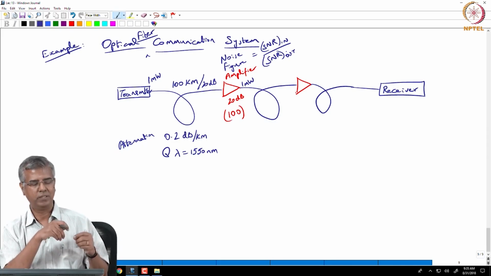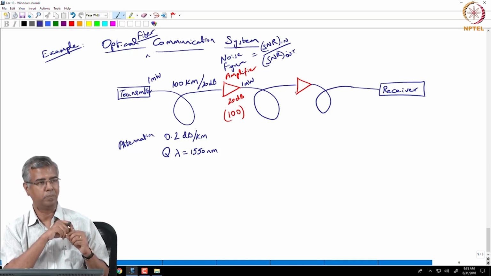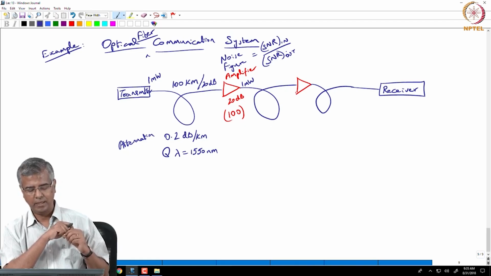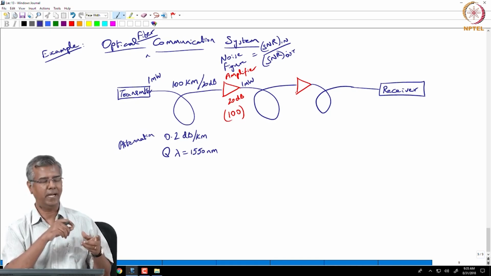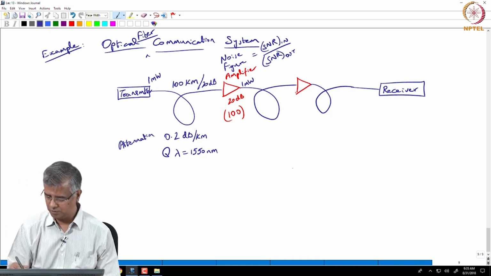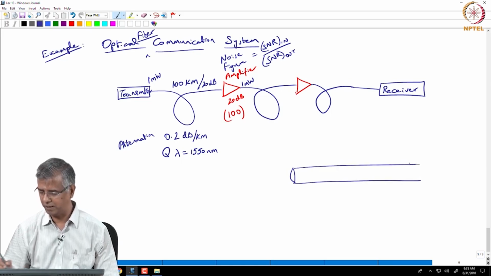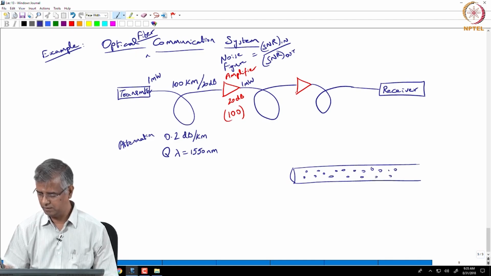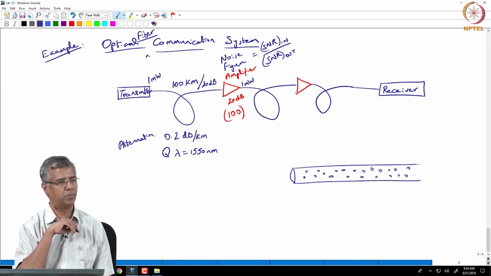So he doped a rare earth ion, specifically one ion by name erbium, right? And when you dope erbium into silica, so essentially what we are looking at is, let's just say we are looking at the core of the optical fiber. So you have these erbium ions distributed in the core of the optical fiber.